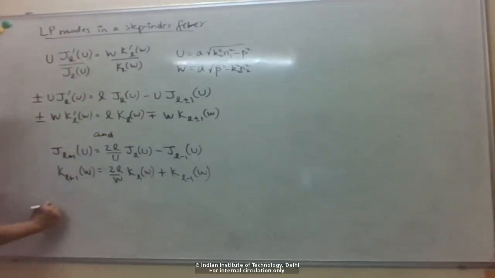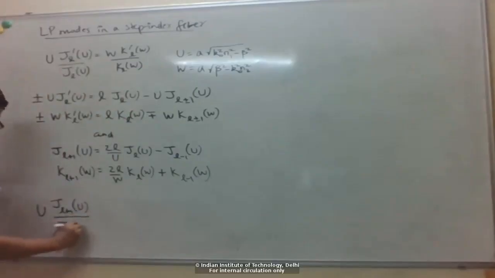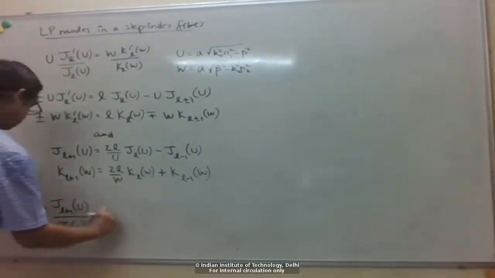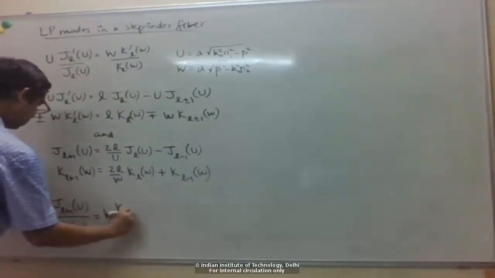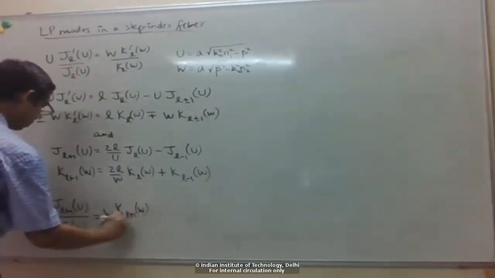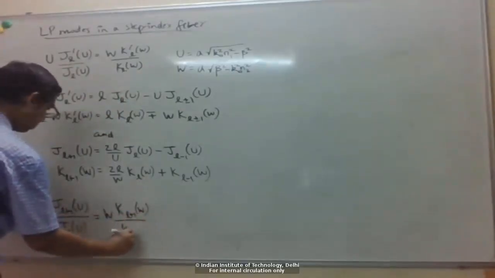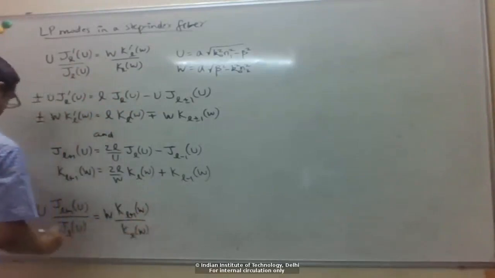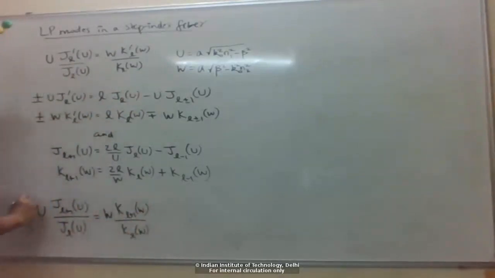For example, if you use a plus sign, you end up with this equation. So that's one form of the transcendental equation.